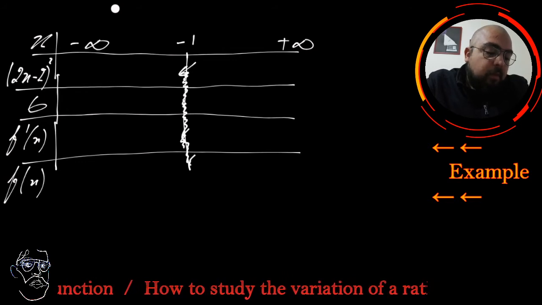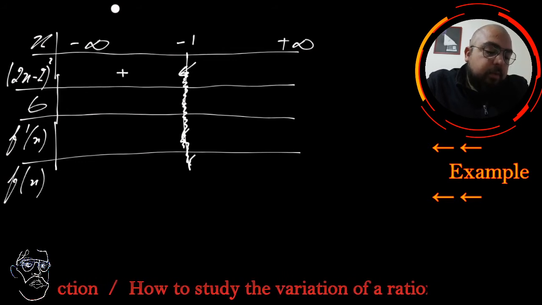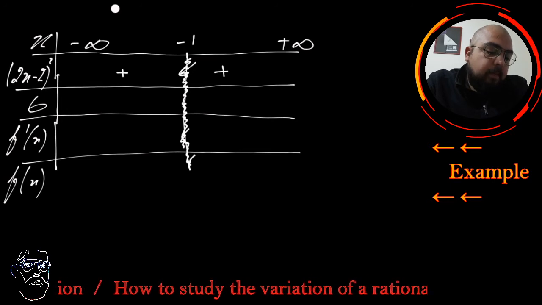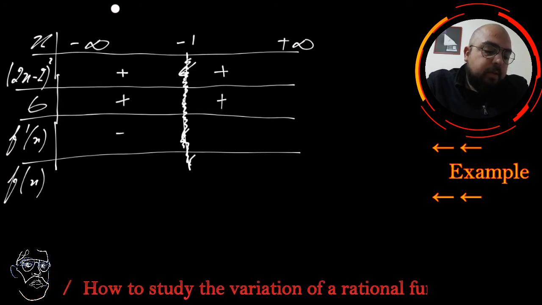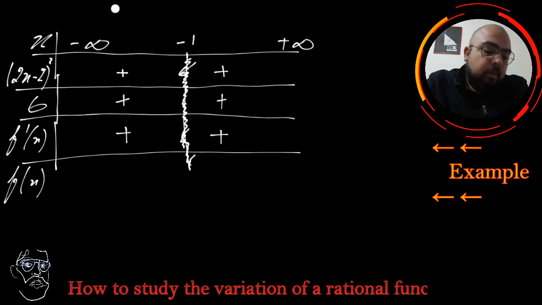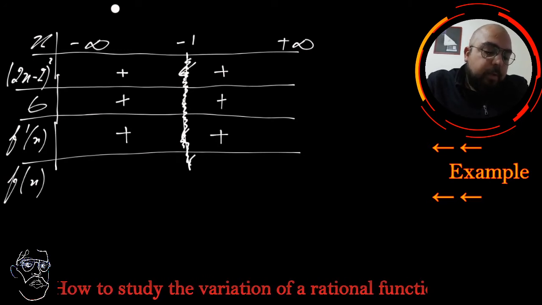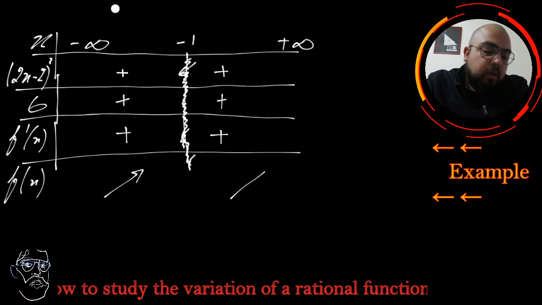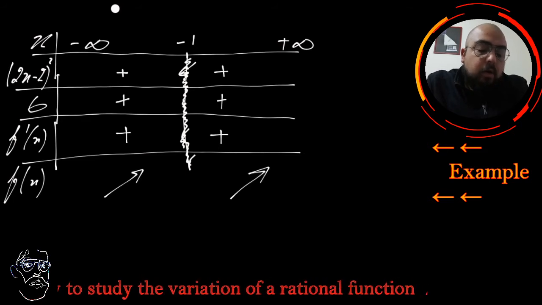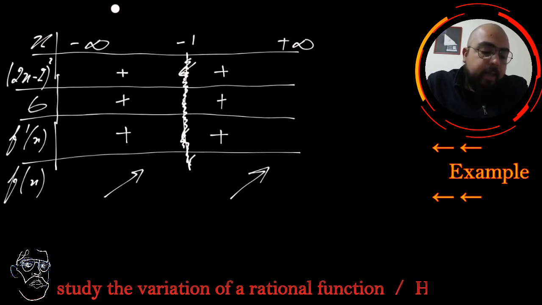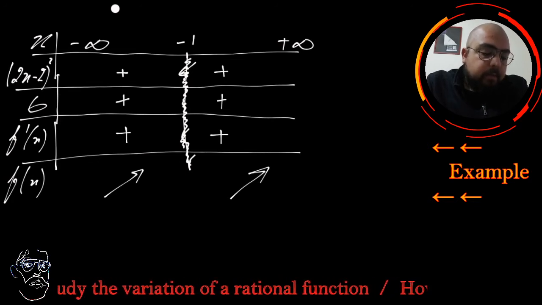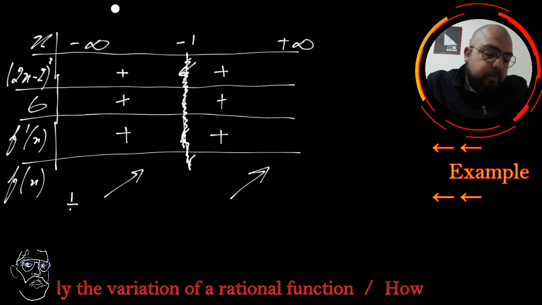The denominator, it will be positive, positive. 6 is already positive, positive. So f prime of x, it's positive, positive. F of x, it will be increasing and again increasing. Now we're gonna go back to the limits. I'm gonna add the limits. For minus infinity, it was 1 over 2.